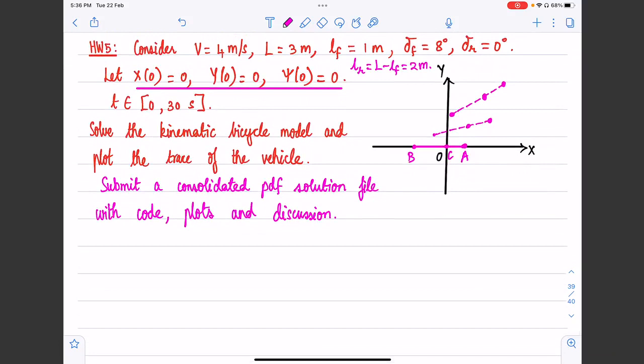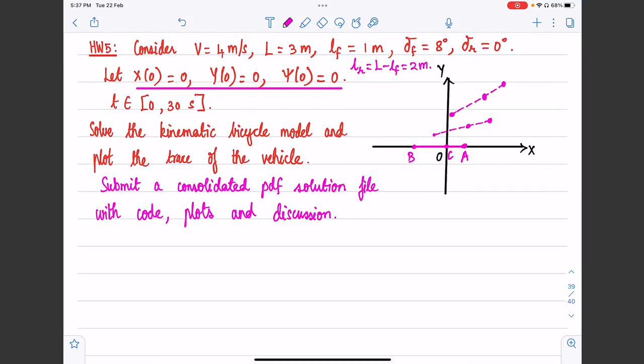Any other questions? Sir, for what times do we have to plot the trace, from 0 to 30? You can decide. You can do the simulation for, let's say, every 1 millisecond or 10 milliseconds and so on.